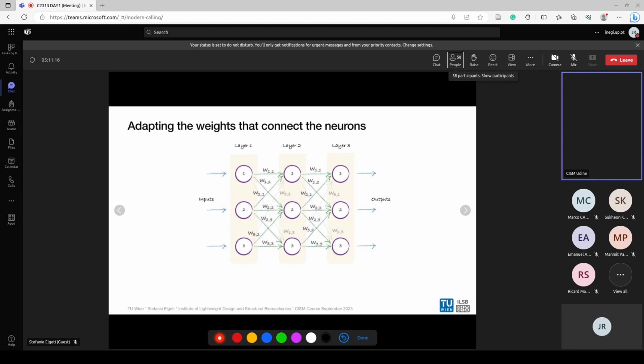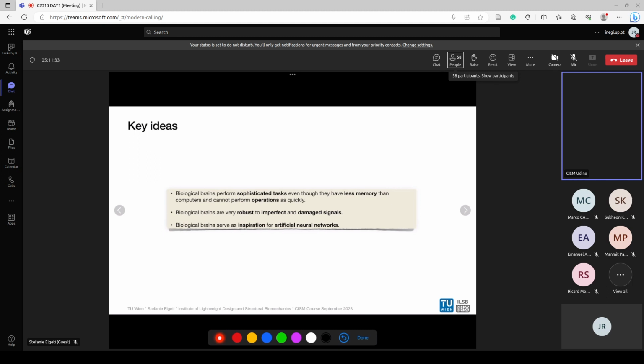You have the process inside each neuron with your activation function and your inputs. The inputs that are coming in are weighted according to where they come from, and the learning process happens by adjusting these weights.